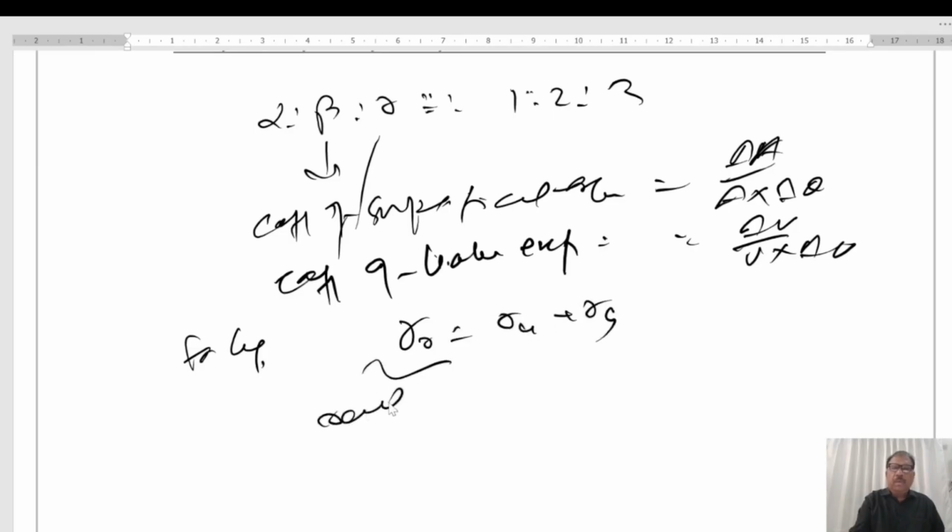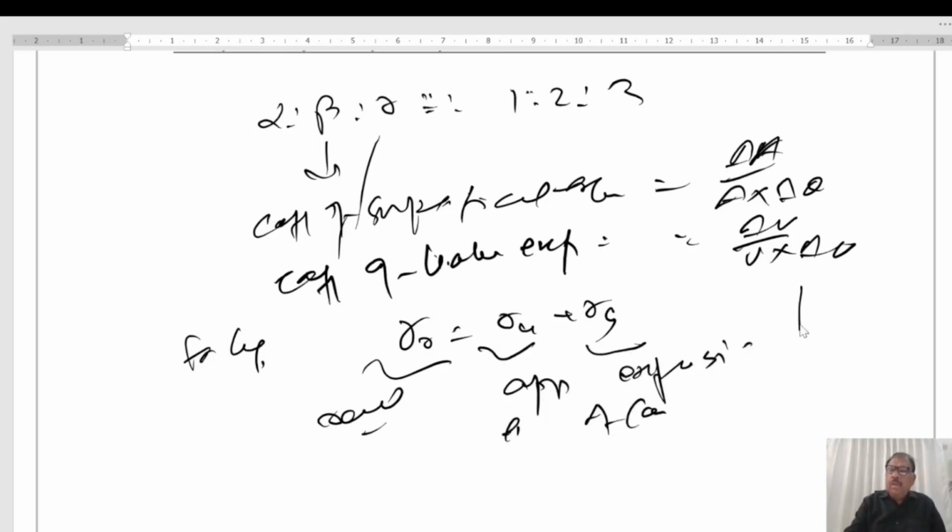Real expansion, apparent expansion, and this is the expansion of the container. Reason being, if there is any liquid here, this is the initial level. Finally, on heating, it will give the final level. So this is the expansion that we can see. Actually, what will happen? First the container comes in contact with heat, so it will expand.